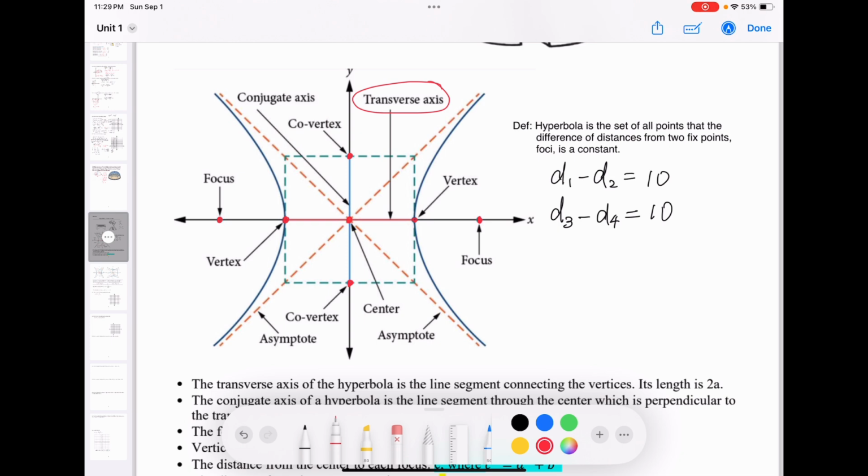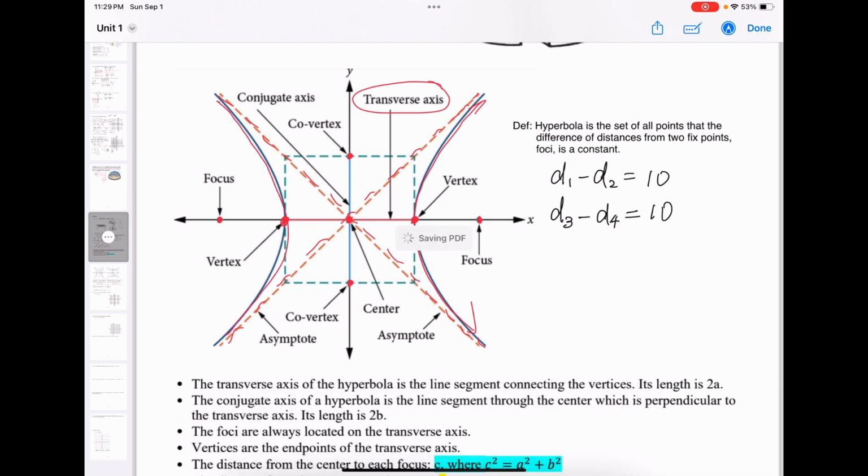So we have an asymptote here and another asymptote here. Our hyperbola goes through the two vertices and gets close to the asymptotes here, here, and this way, here and here. Okay, let's learn more about the hyperbola.